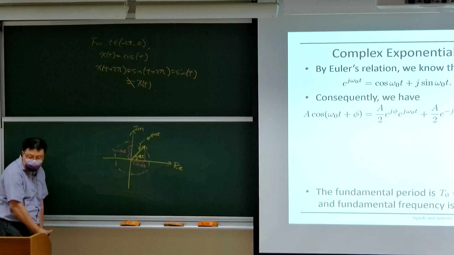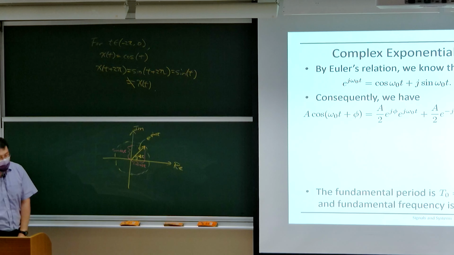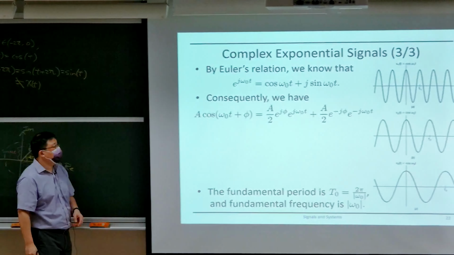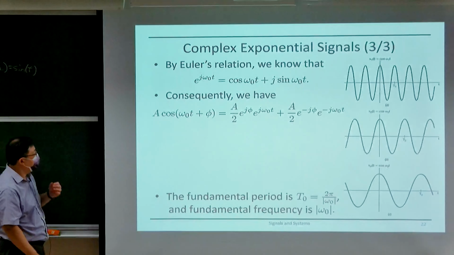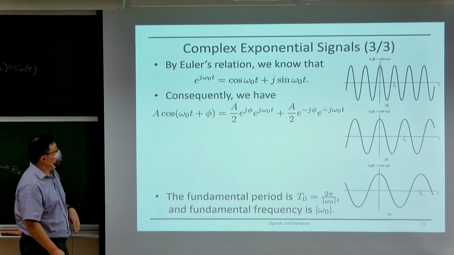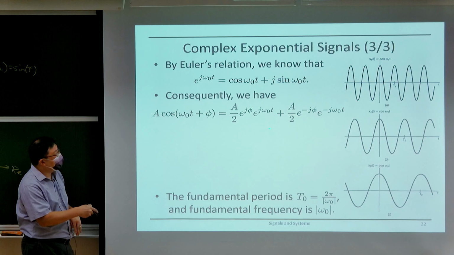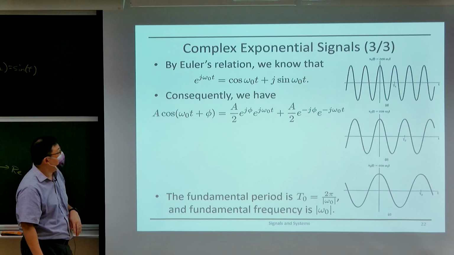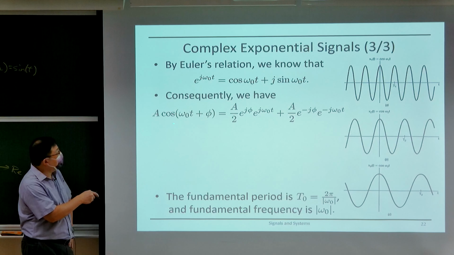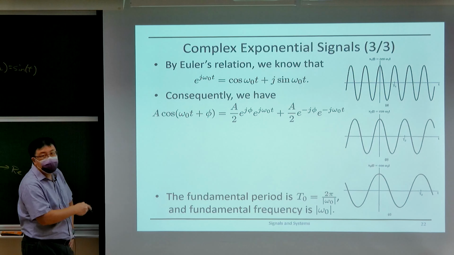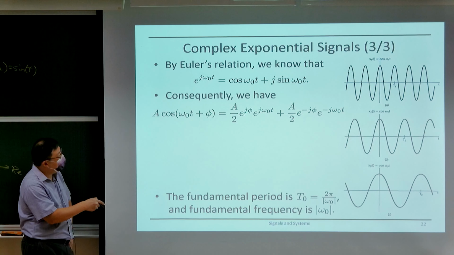With Euler's relation, which you will use repeatedly throughout this class, you will also be able to write any sinusoid as a linear combination of these complex exponentials. In particular, cosine of this angle is equal to 1/2 e to the j of this phase plus 1/2 e to the minus j of the same phase.